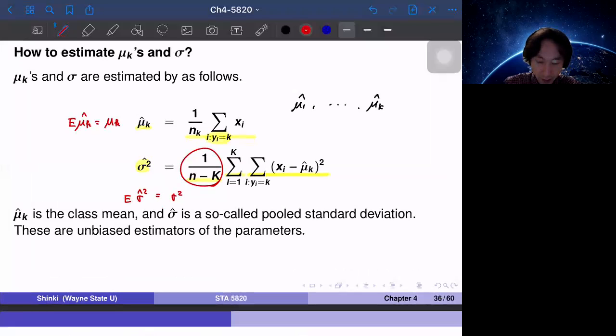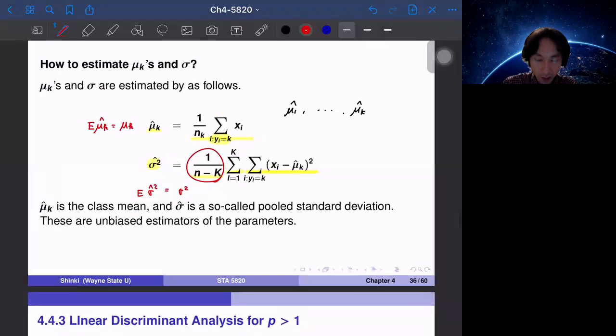So this is pretty simple to calculate. Given classes, we first calculate mu k hat. After you calculate mu k hat, then we can calculate sigma hat squared. We don't have any complicated procedure. We just calculate sample means and the sample variance. Then we get all parameters, and we can calculate all the probabilities.